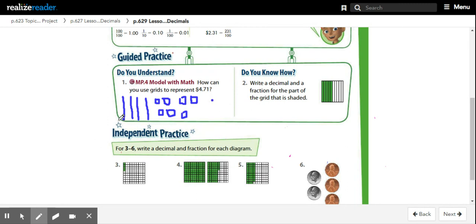Okay, this would show me $4.71. Okay, this is just how you could use a picture to describe what you're looking at. In fraction form, you could say it was 4 wholes and 71 hundredths, because there's 100 cents in $1.